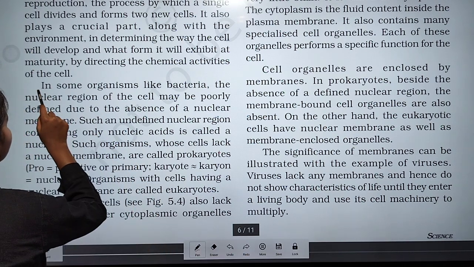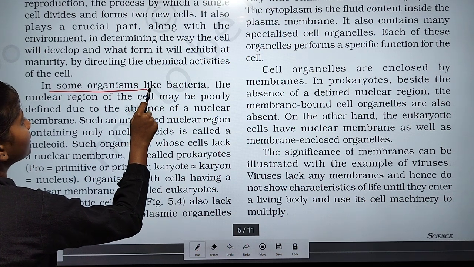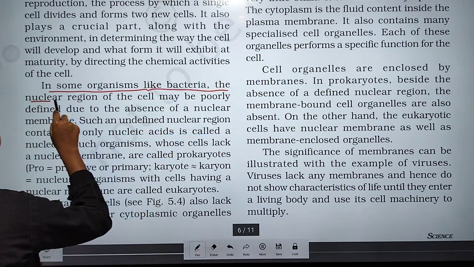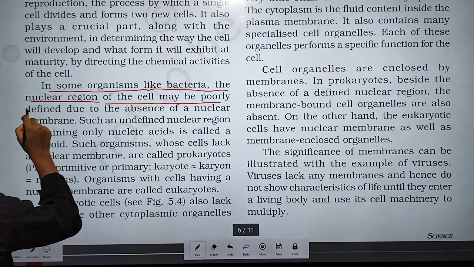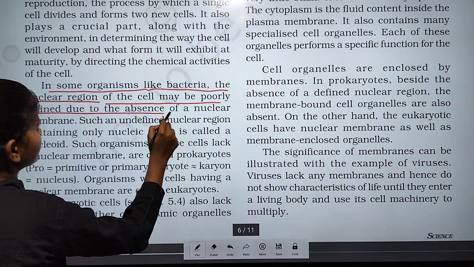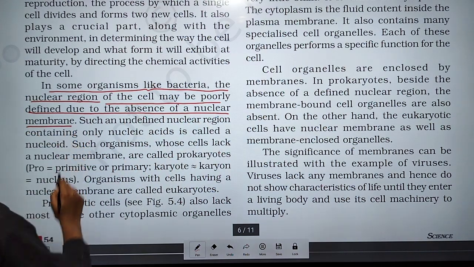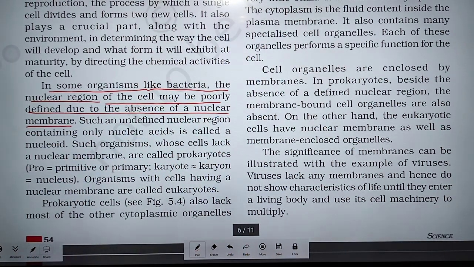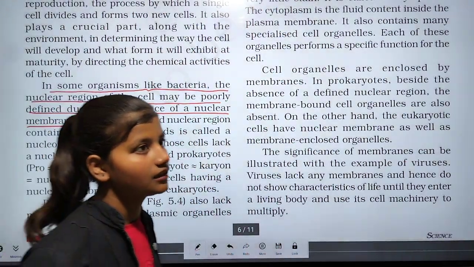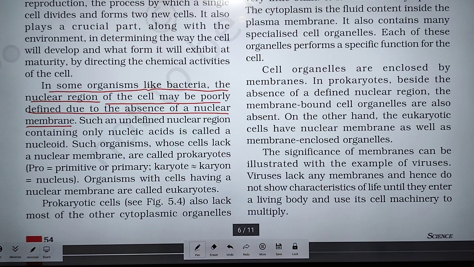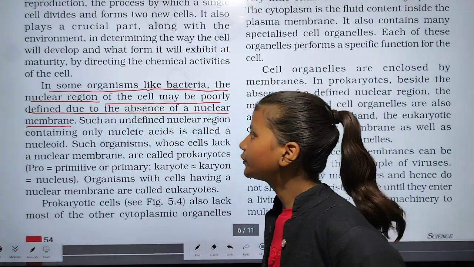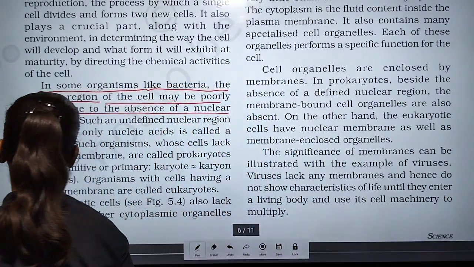In some organisms like bacteria, the nuclear region of the cell may be poorly defined due to the absence of a nuclear membrane.